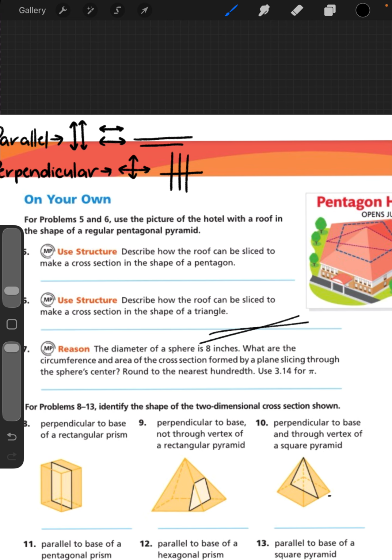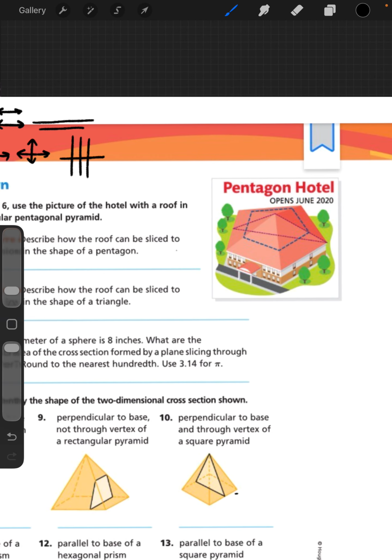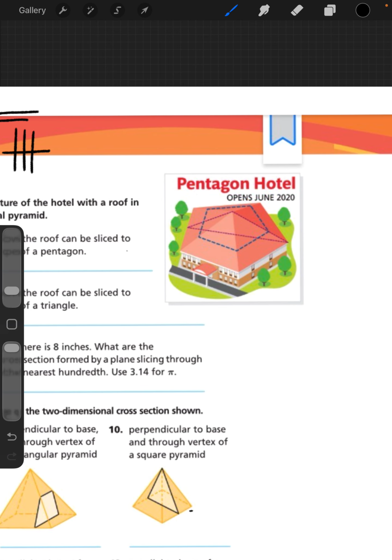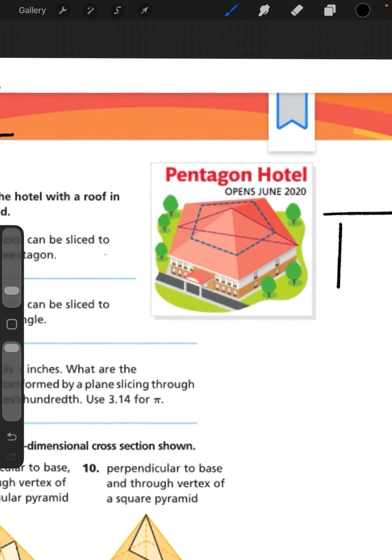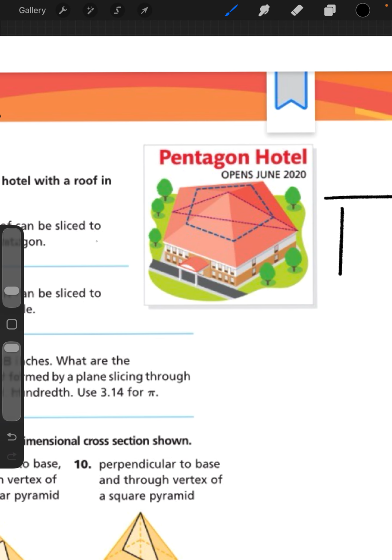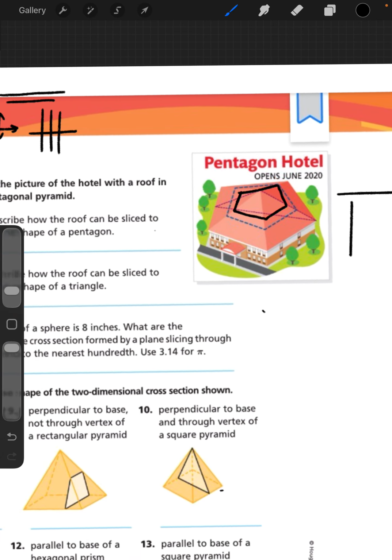If we want shapes that are the same as the base, are we going to cut them parallel or perpendicular? Well, let's look. If I'm cutting this parallel, that means that I'm going to continue to get smaller and smaller pentagons as I go up, right? Sorry, my drawings are not going to be good, guys.